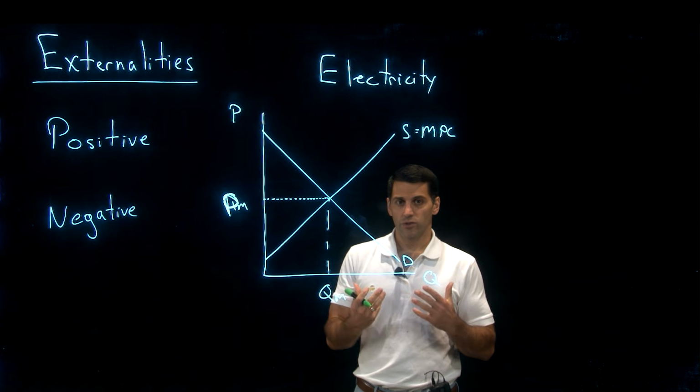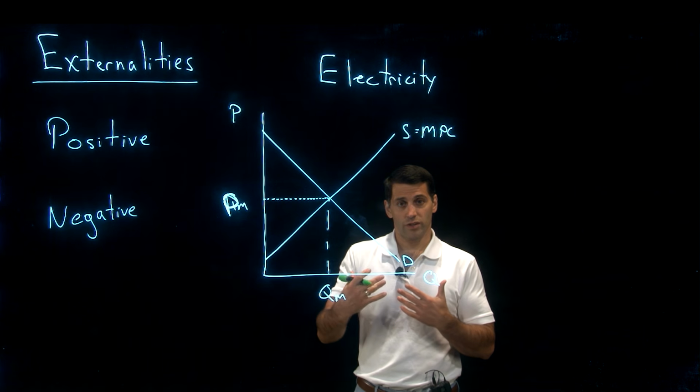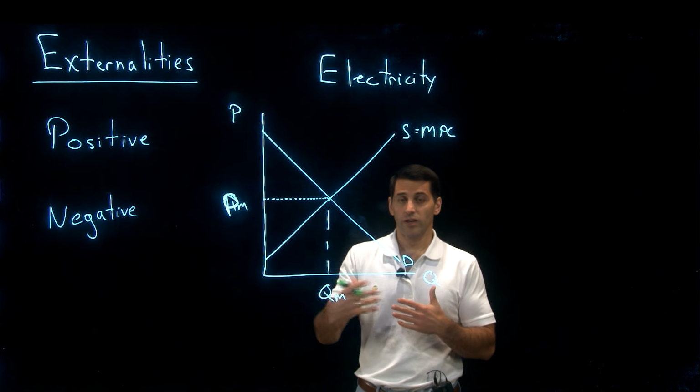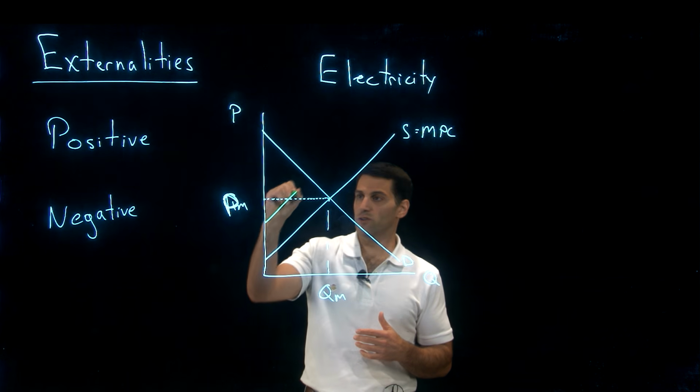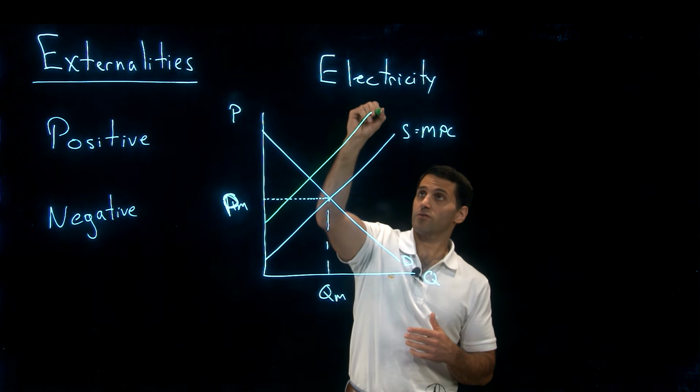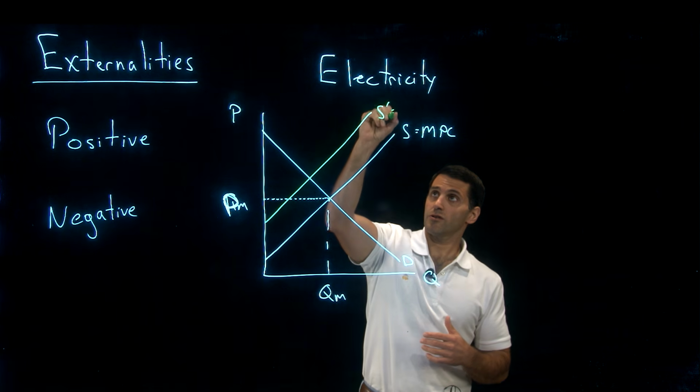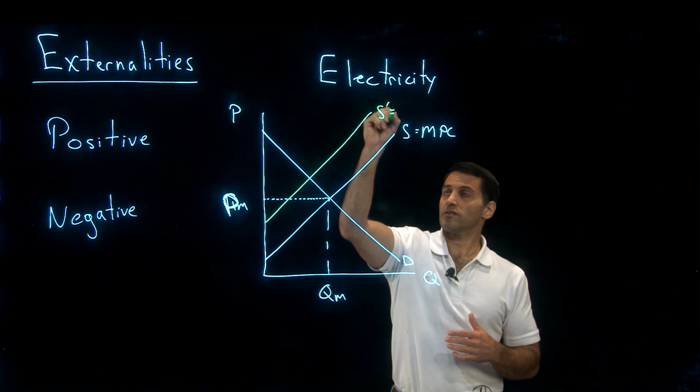So what we need to do in our analysis is factor in the externality. In this case, we show that the total cost of generating electricity is higher because we also have pollution.